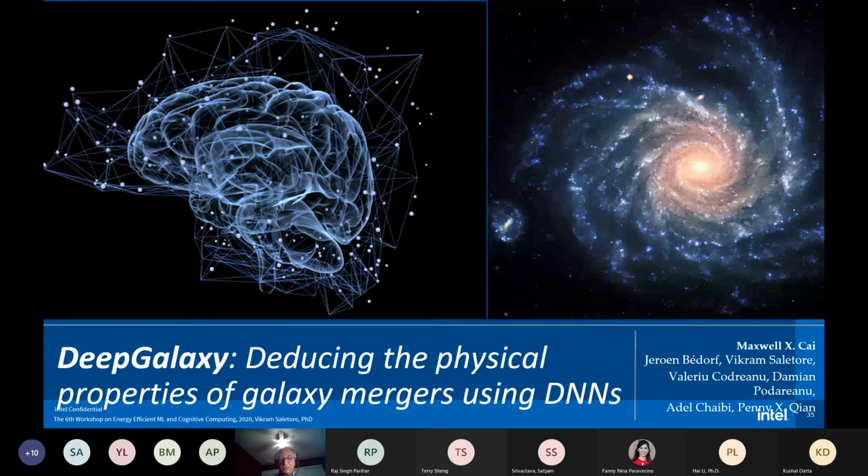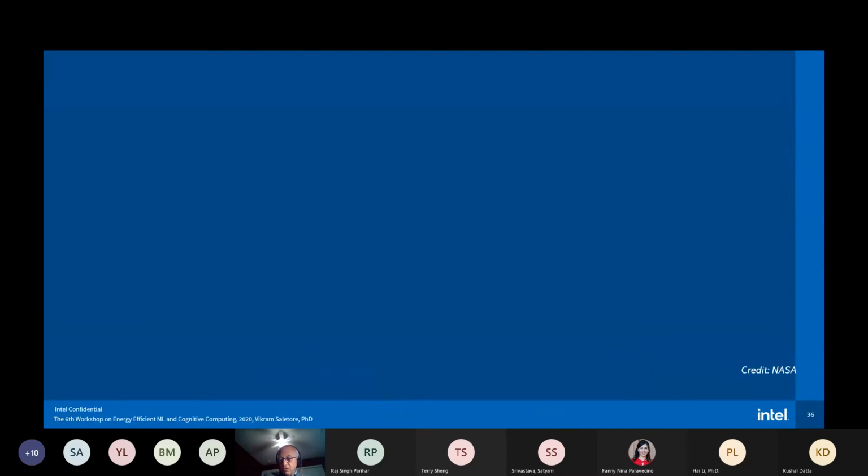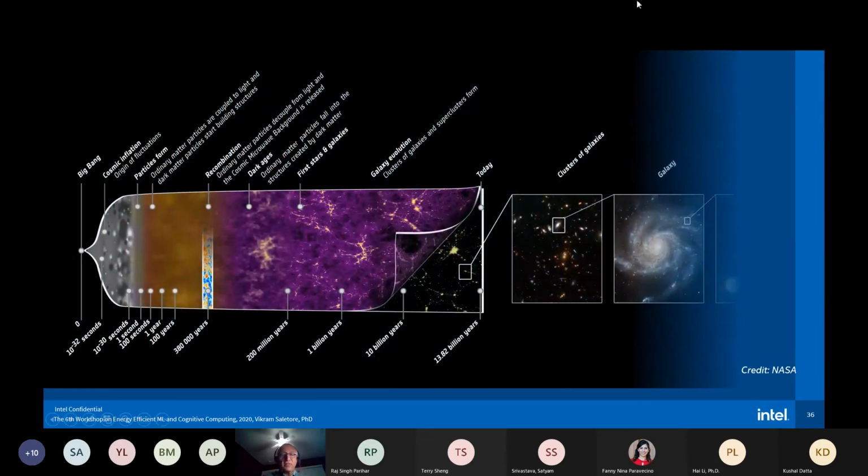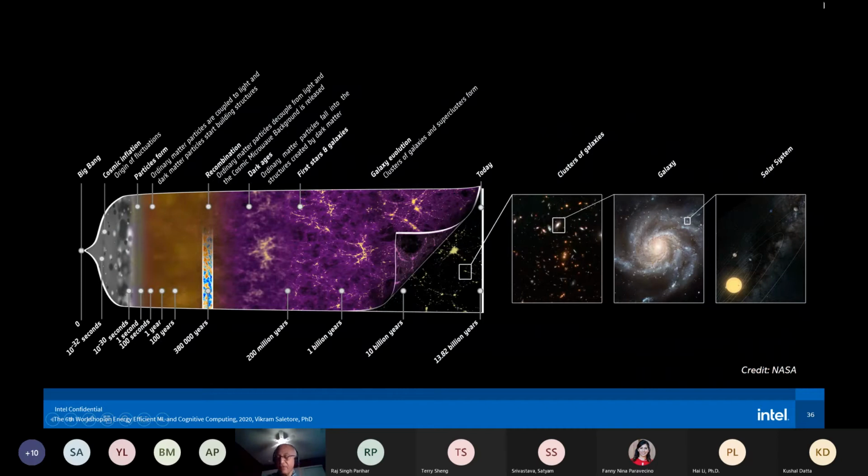Deep Galaxy. Deep Galaxy is to predict the physical properties of galaxy mergers, and this is an astrophysics use case. It's led by Maxwell Cai at SURFsara, and this is typically how the universe and our solar system was formed.